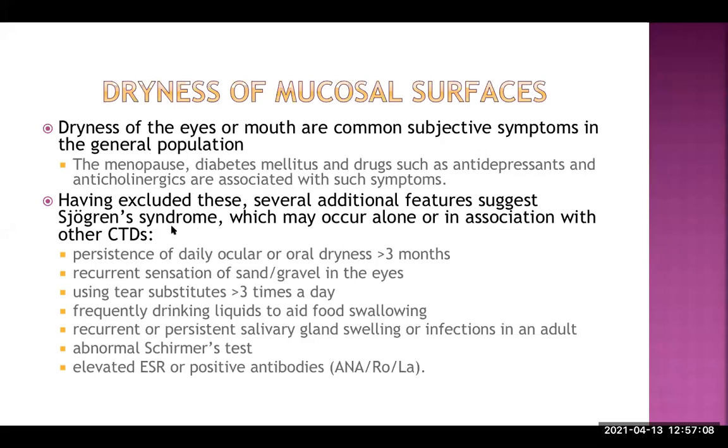But before we think about Sjogren's syndrome, we have to rule out some other common causes like menopause, especially in females, when they are in the menopausal age group, or when the menopause is about to happen, they develop dryness of the mouth as well as throat, a very common symptom. Diabetes: one of the commonest symptoms is dryness of the mouth, and that can be an early symptom in diabetic people.